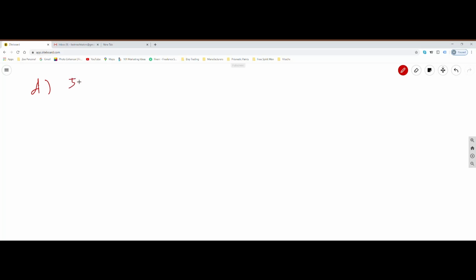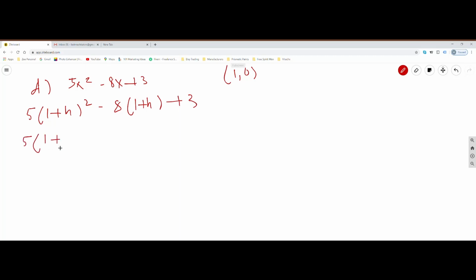Which is 5x squared minus 8x plus 3. The points are 1 and 0. So you have 5 times 1 plus h squared, minus 8 times 1 plus h, plus 3. So you have 5 times 1 plus 2h plus h squared, minus 8 minus 8h plus 3.